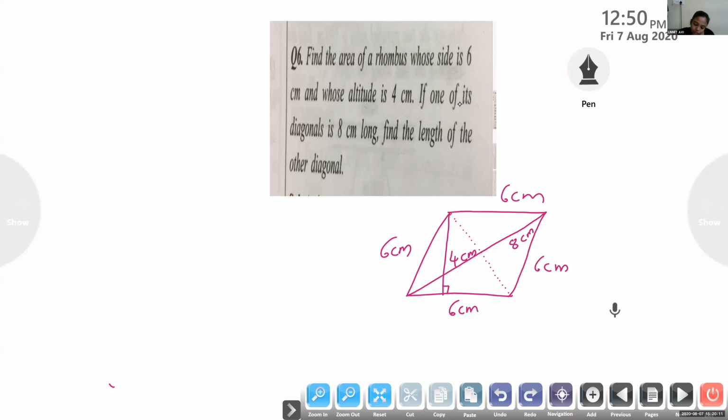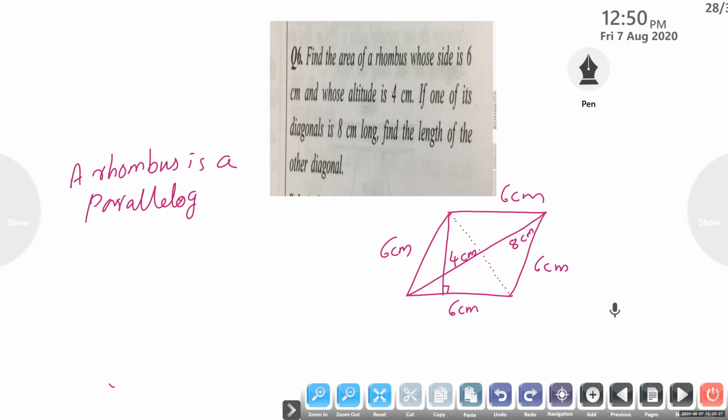So write: a rhombus is a parallelogram. Area of parallelogram is BH.